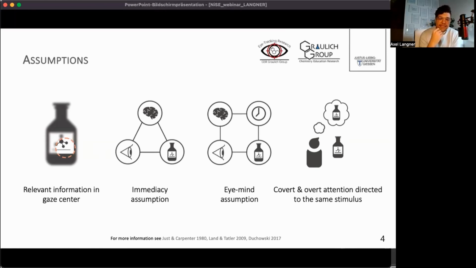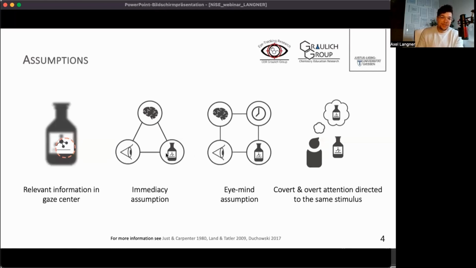And also there's the second assumption, which is called the immediacy assumption, which says, okay, as long as somebody is looking at a specific element, a person is processing it. And then there's the eye-mind assumption, which says, okay, when somebody is looking at the information, they are processing it, and when they change to look at something else, then they are not processing it anymore.